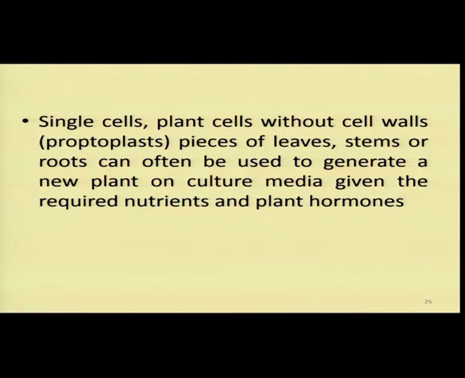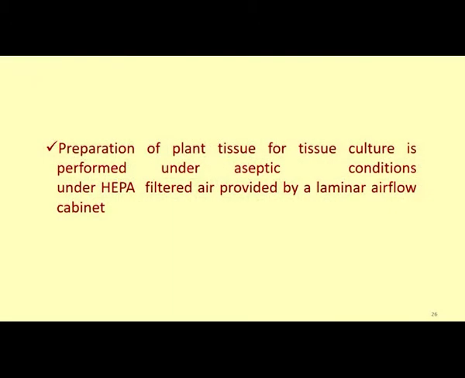Leaves, portions of stems, portions of roots, all of these can be used as an explant for tissue culture, and provided you give the optimum media containing the required nutrients, all of these explants can grow up to give rise to saplings or seedlings. Preparation of plant tissue culture is performed under aseptic conditions under HEPA filtered air, which is provided in a laminar airflow cabinet.